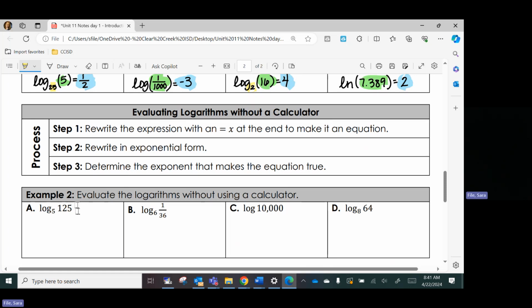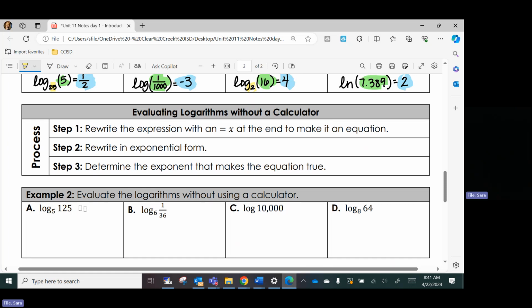So we're going to make it an equation by saying equals x, because we're trying to figure out this equals what, right? And then we're going to solve for x. So then to solve that, we are going to rewrite the log in exponential form, just like we just practiced. And then we're going to determine what exponent makes the equation true.